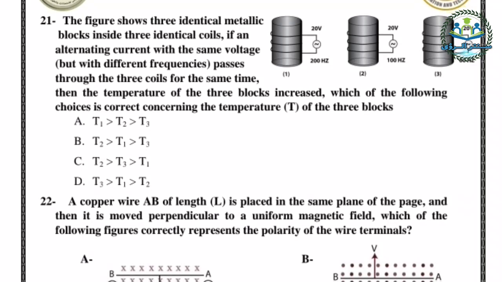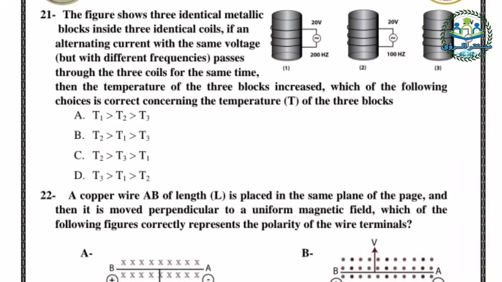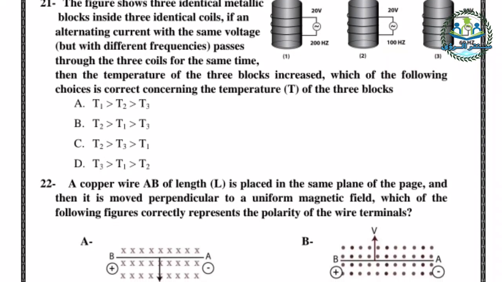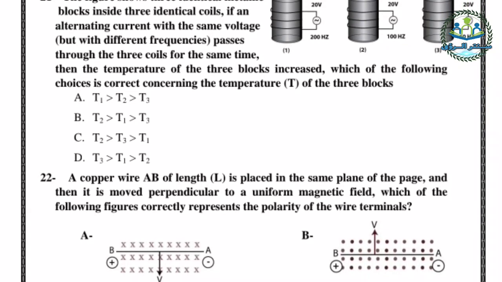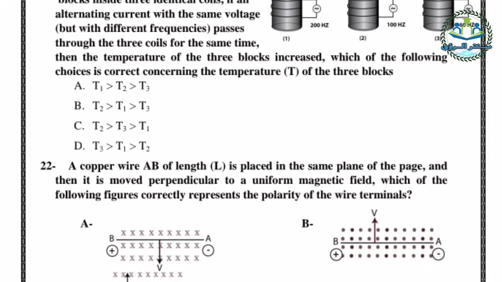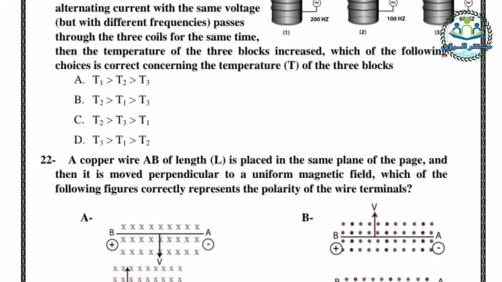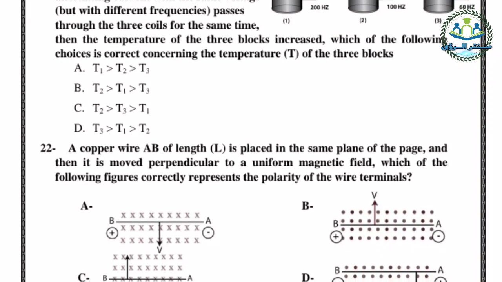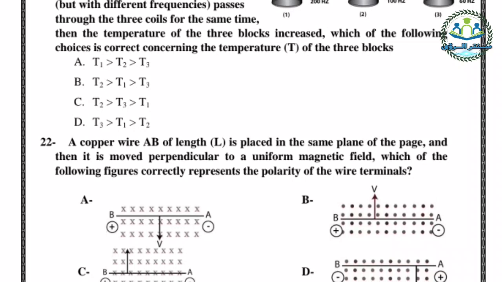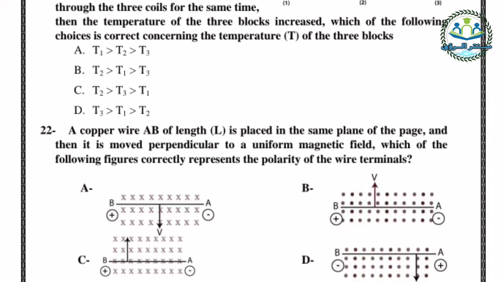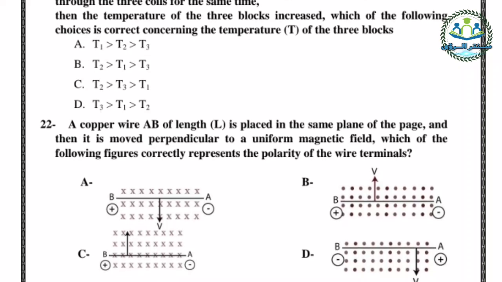Which of the following choices is correct concerning the temperature T of the three blocks? A. T1 is greater than T2 is greater than T3. B. T2 is greater than T1 is greater than T3. C. T2 is greater than T3 is greater than T1. D. T3 is greater than T1 is greater than T2.